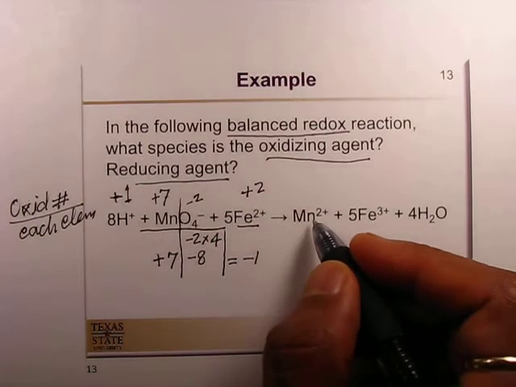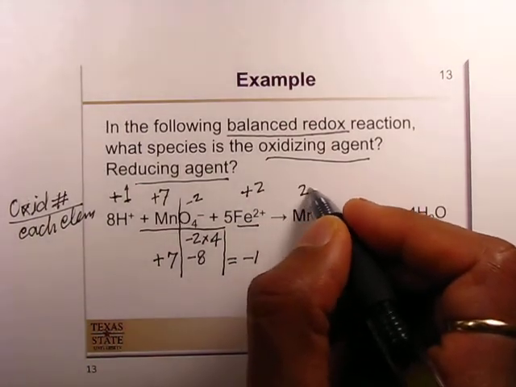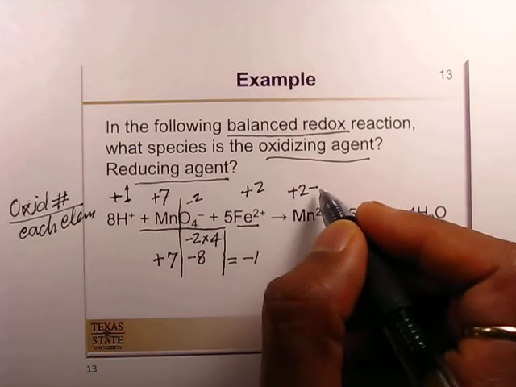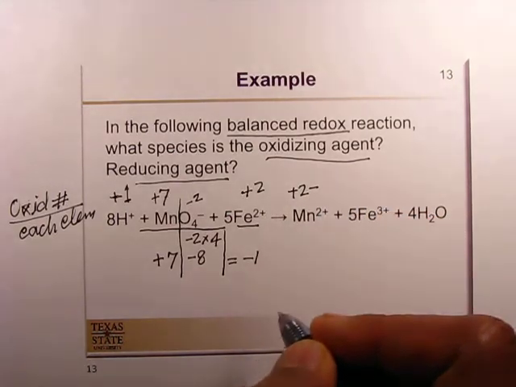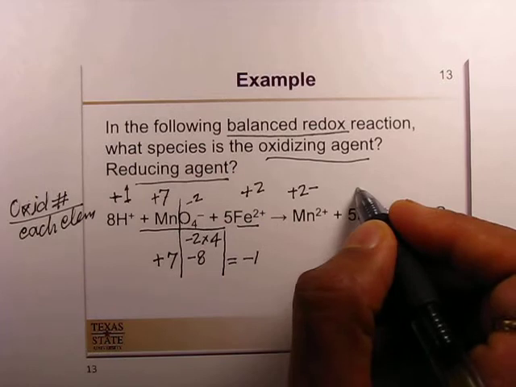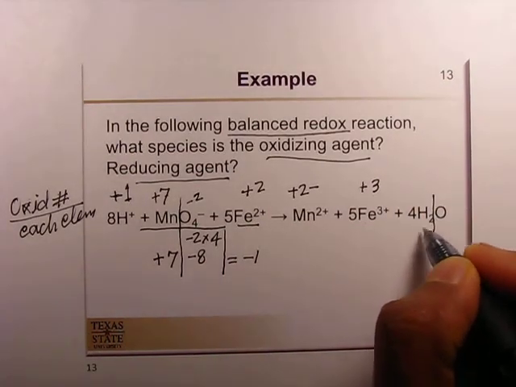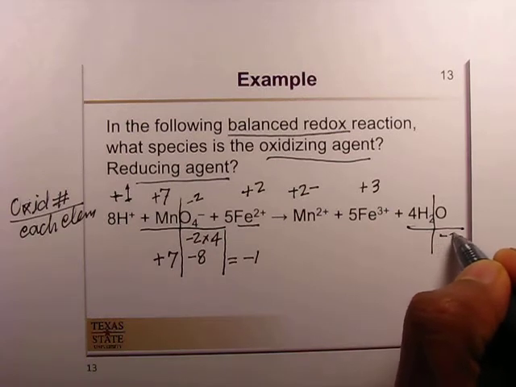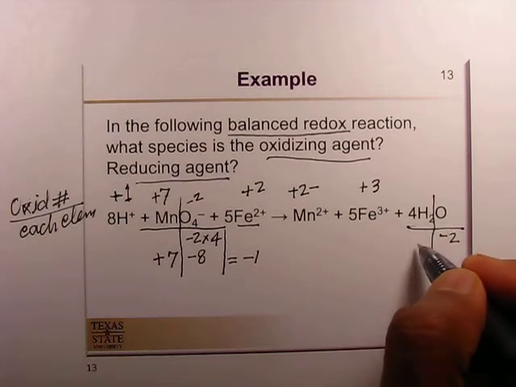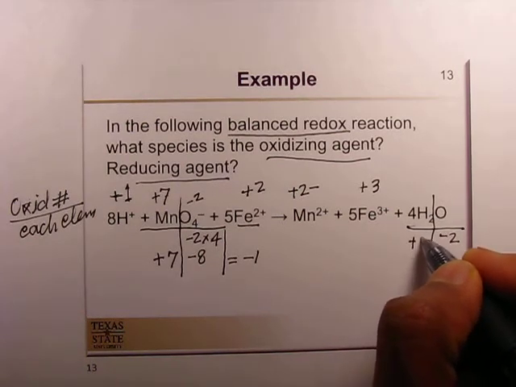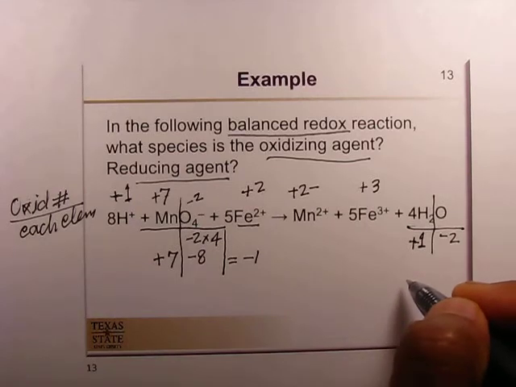The manganese ion here has +2 oxidation number on the product side. This iron has +3 oxidation. What about this water? Each oxygen is -2 and there are 2 hydrogens, so to balance, each hydrogen is +1.